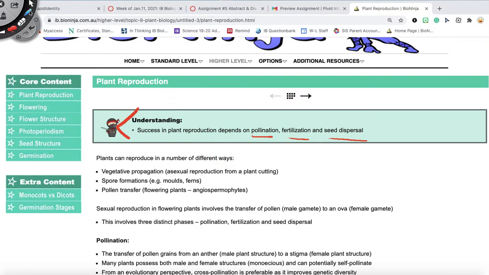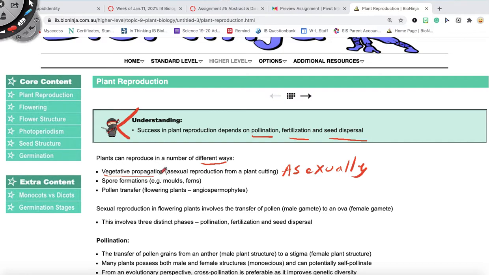So first, let's make a distinction on the different ways that plants can reproduce. So plants can reproduce asexually via a process called vegetative propagation. And we talked a little bit about this last topic, or last section, when we said that there were similarities between micropropagation and vegetative propagation.